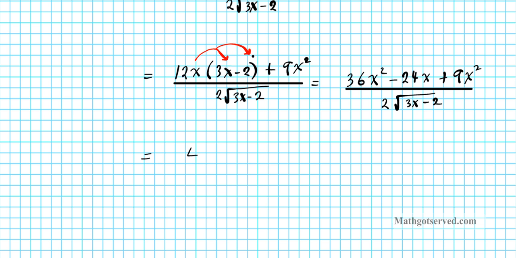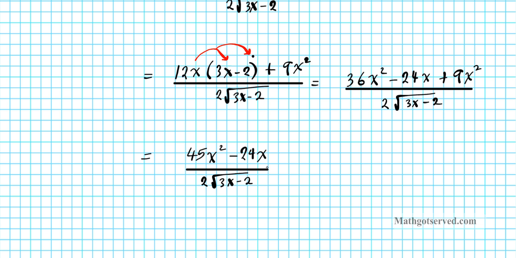It becomes 45x squared minus 24x, and that whole thing divided by 2 root 3x minus 2. Okay? Alright, and that's basically your final result.